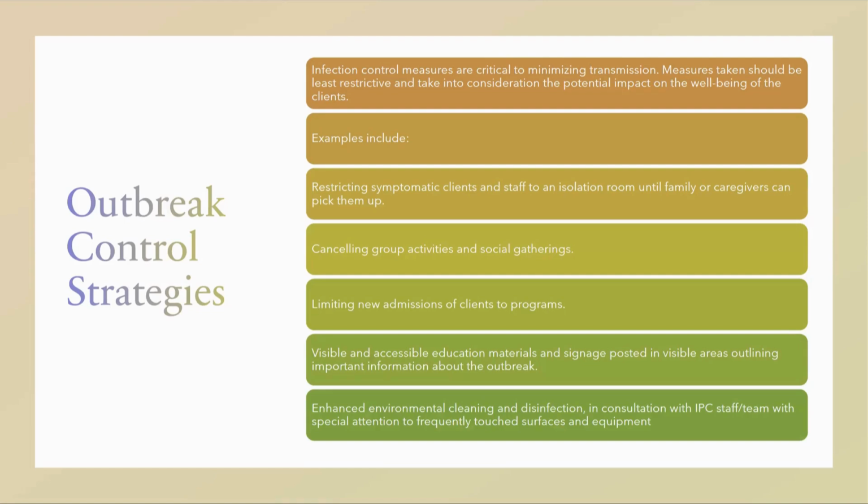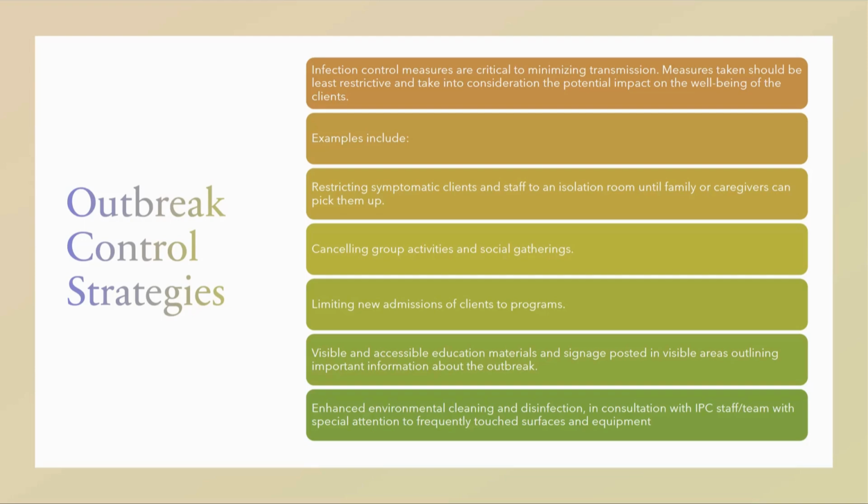So infection control measures are critical to minimize transmission. Measures should be the least restrictive and take into consideration the potential impact on the well-being of clients. A lot of times, and I'm going to get a bit out of the realm of ADP, whatever hat I'm wearing, investigator or IPAC, I don't like to keep people isolated in a room for too long.